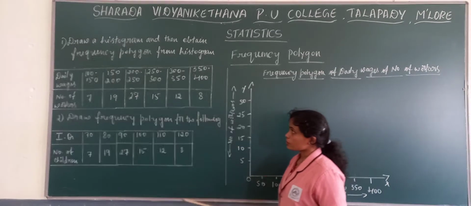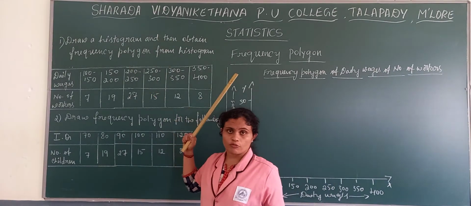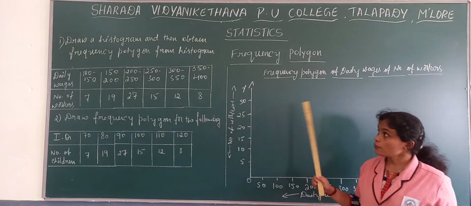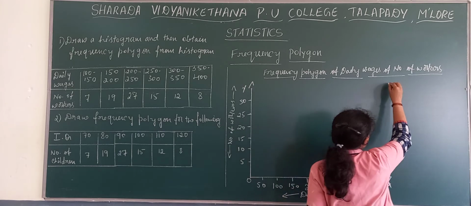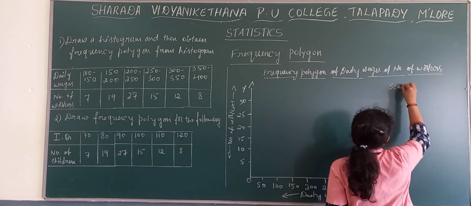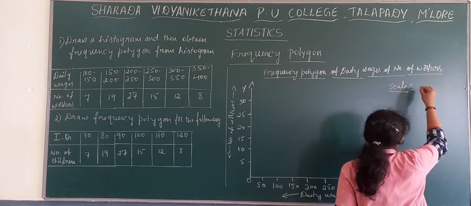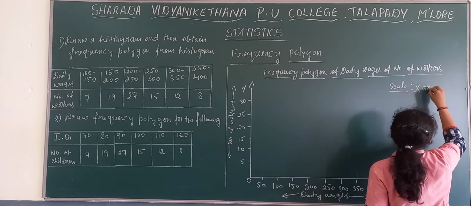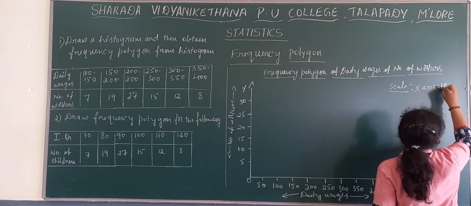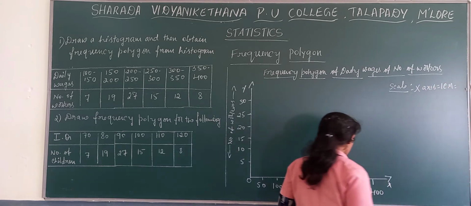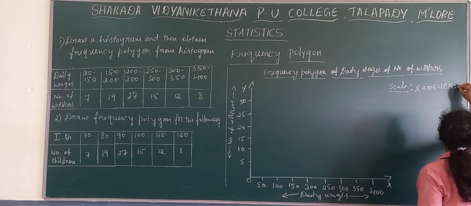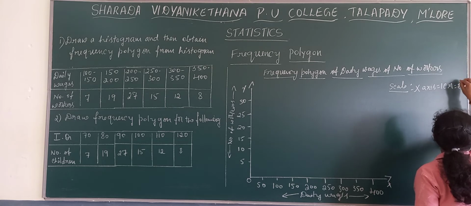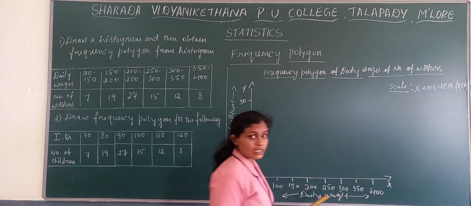Now see the question there. Draw a histogram. Firstly we need to draw the histogram, which we already completed. Now before that, write here the scale. X-axis 1 centimeter is equal to what gap we have taken? 50 rupees, since it is daily wages.